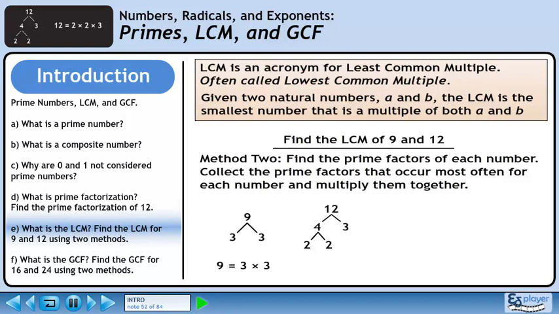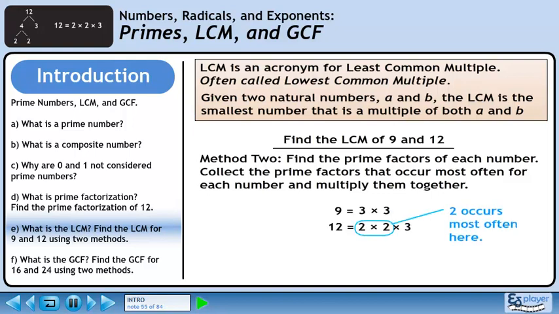From the first factor tree, we can write 9 equals 3 times 3. From the second factor tree, we can write 12 equals 2 times 2 times 3. Now that we have the prime factorization of each number, we'll find the least common multiple. The number 2 occurs most often in the prime factorization of 12.